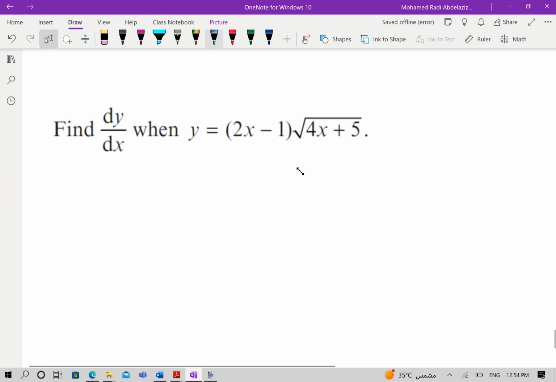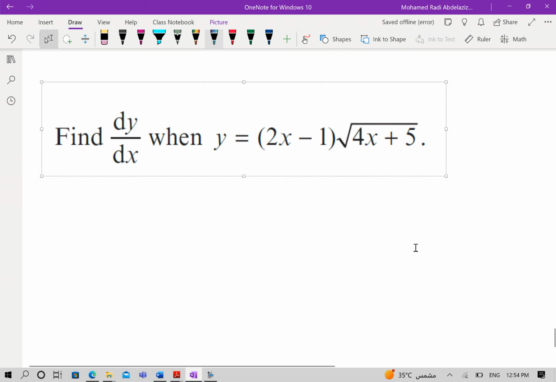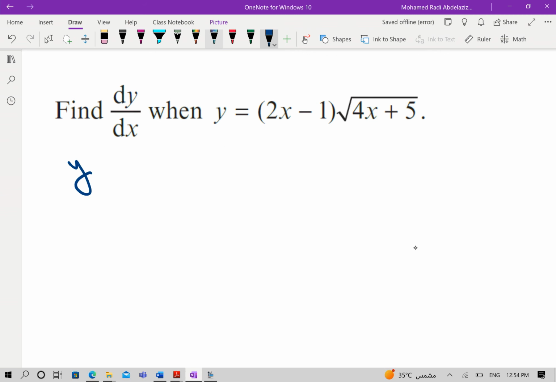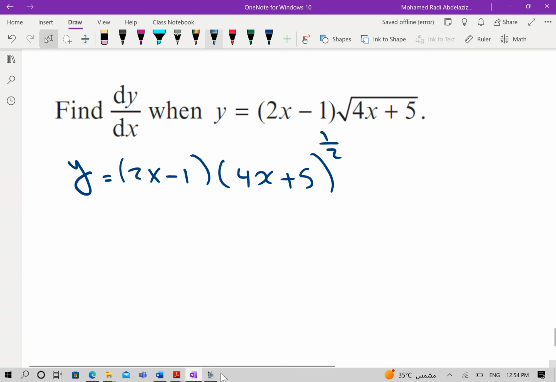Find dy by dx when y equals square root of (2x minus 1) multiplied by (4x plus 5). First, write it in the form of power n: (2x minus 1) multiplied by (4x plus 5) all to the power of half. Please find the derivatives.